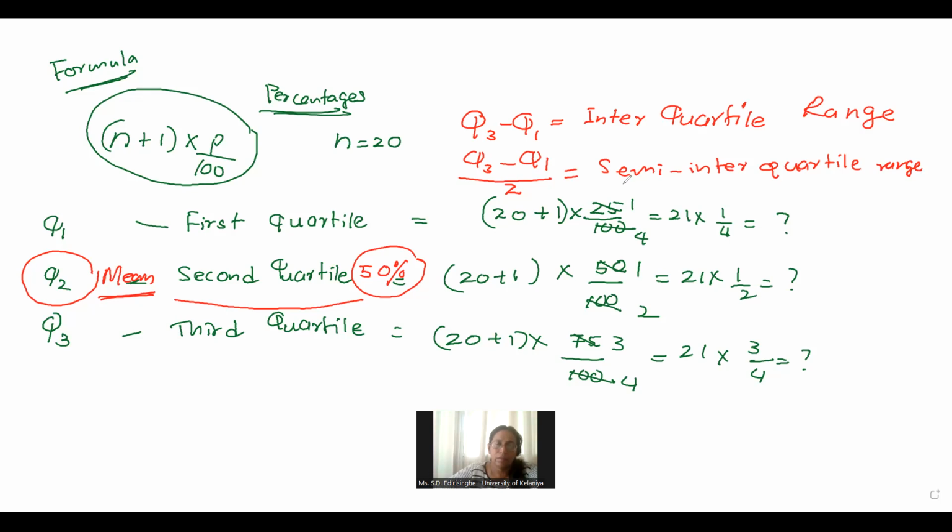Q3 minus Q1 is the interquartile range, which in Sinhala is called Antar Chaturthaka Parasaya. Q3 minus Q1 divided by 2 is the semi-interquartile range, called in Sinhala Ardha Antar Chaturthaka Parasaya.